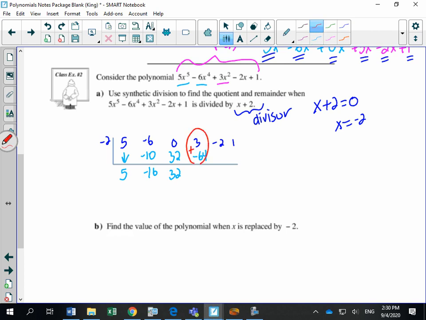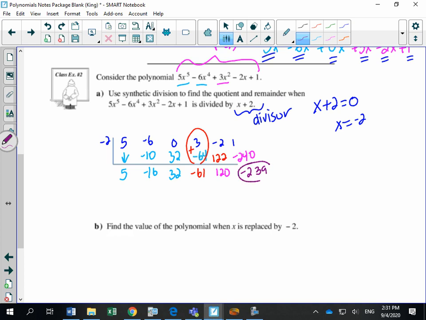So 3 plus negative 64 gives you negative 61. Remember it's always that number times this number. So negative 61 times negative 2 is going to give you a positive number, and that will be 122. Negative 2 plus 122 gives us 120. 120 times negative 2 gives me negative 240. And then when I add 1 plus negative 240, I get negative 239.